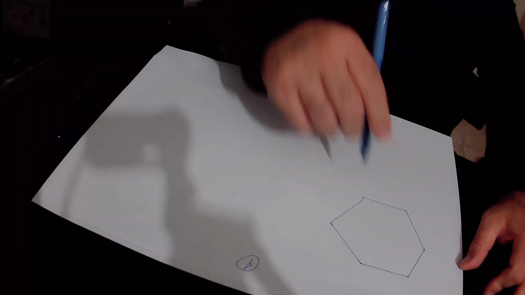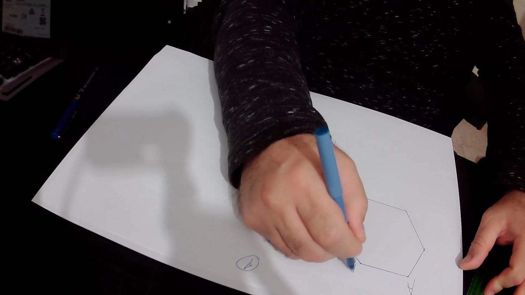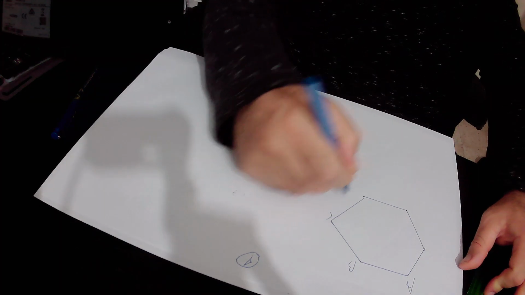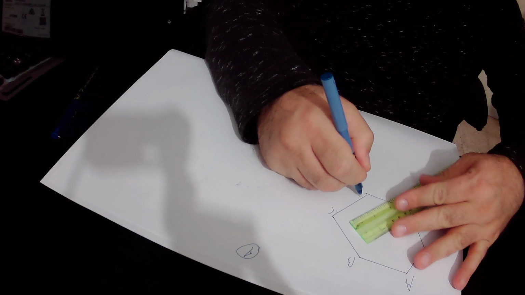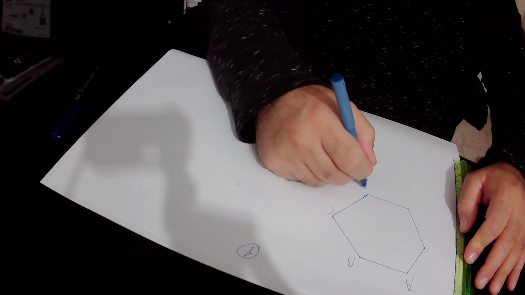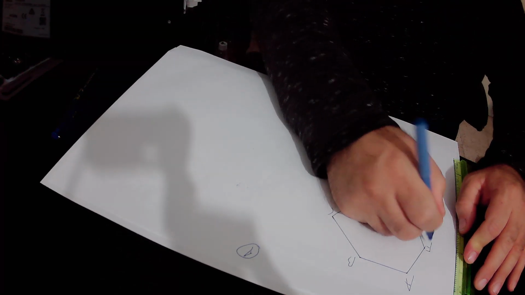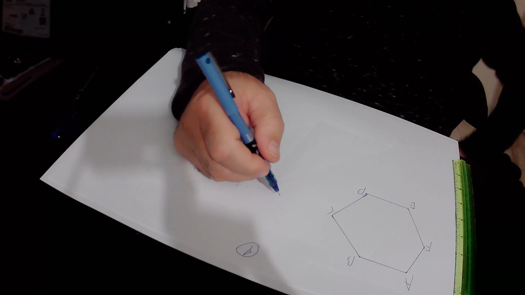So here A, B, C, D, E, F is a regular hexagon. That could be any regular hexagon.